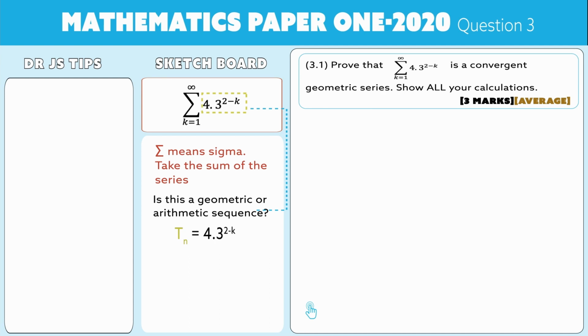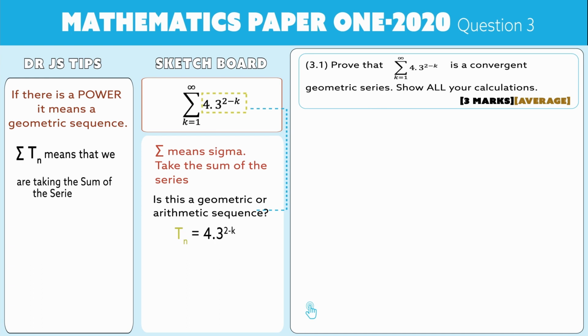Folks, the fact that there's a power, put it down in your tips. The fact that there's a power means we are working with a geometric sequence. So the big takeaway here is we have the sigma of Tn, and that combination means we're taking the sum of the series.